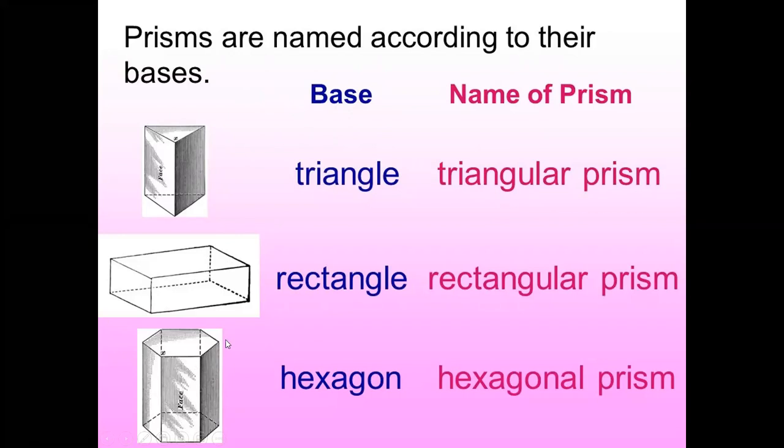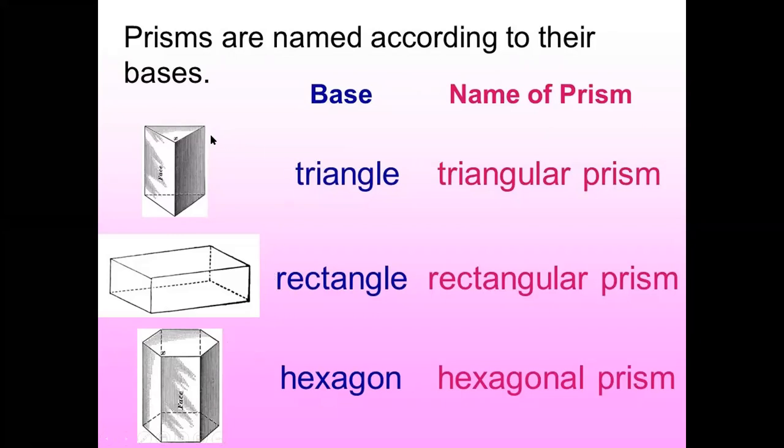And this prism's base is a hexagon. If we count the sides here, 1, 2, 3, 4, 5, 6, it's a hexagon. For that, its name is hexagonal prism.